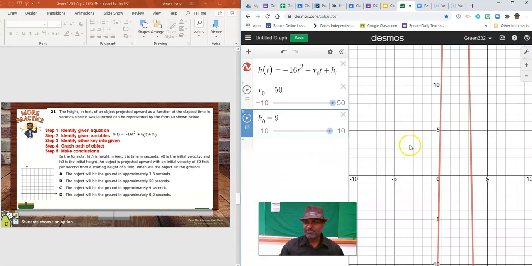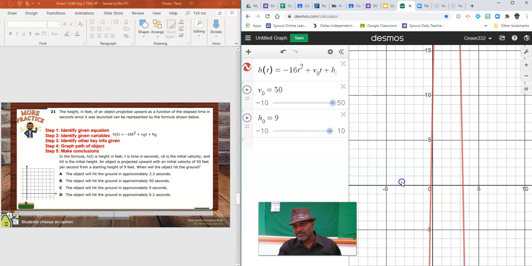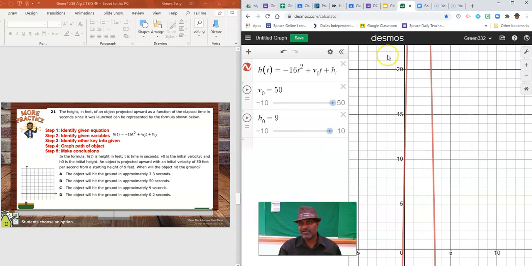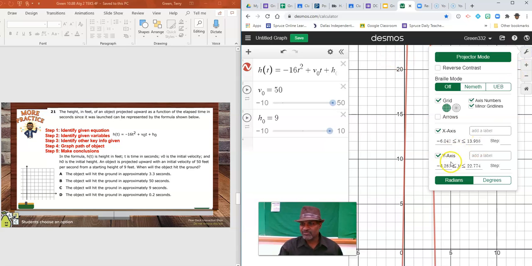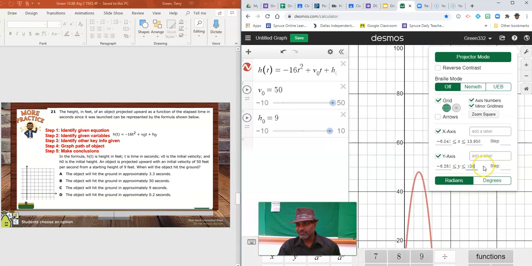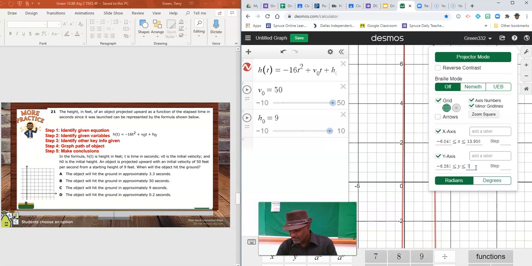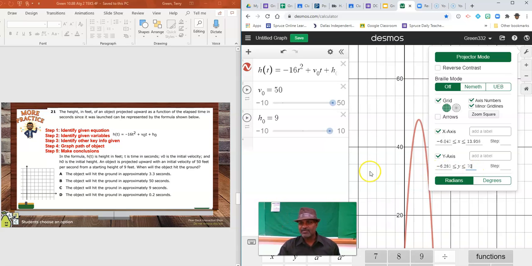Now again, I'll play with the window to get it right. I don't need a whole lot. I'm just going to drag this around. Let me make this y-axis a little taller. See what happens if I take that up to 100. That's too big. 50 to get the job done. I need a little on the top. Go at 70. Yeah, that's good.